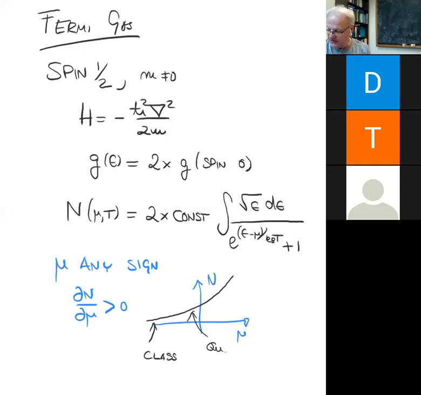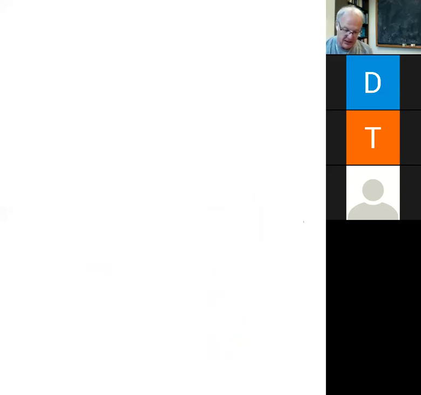But it is interesting to see, if you lower the temperature, what happens to this Fermi distribution function. So for the Fermi liquid or for the Fermi gas, the interesting question is, what exactly does the system look like as T becomes very small? So the interesting case is that T goes to 0.